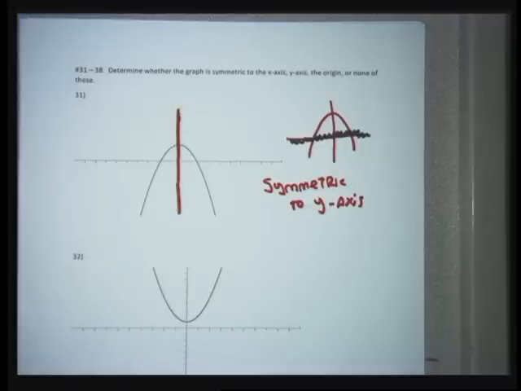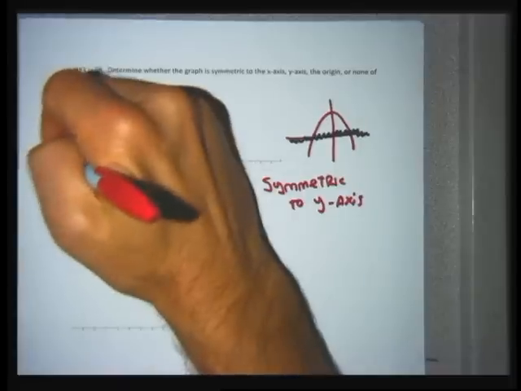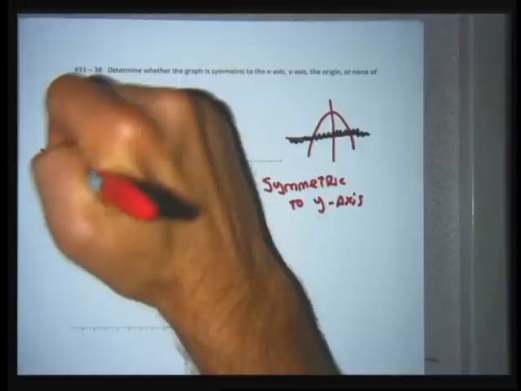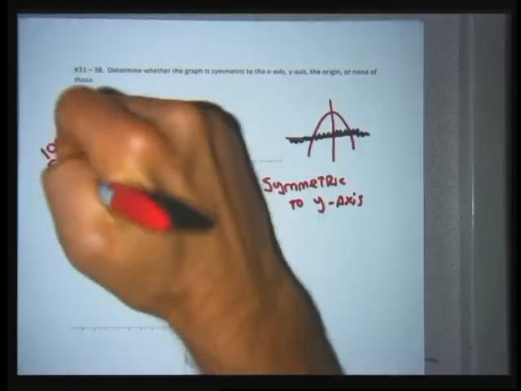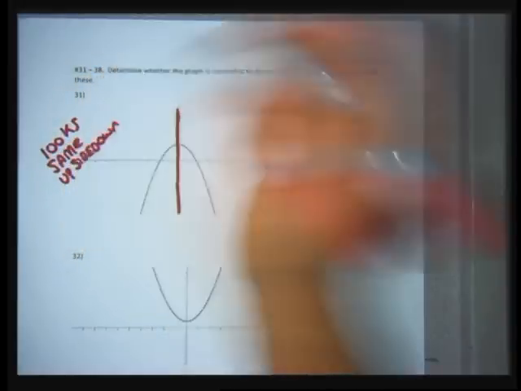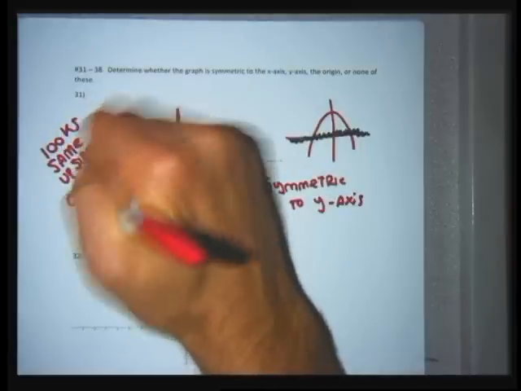So the way I usually check for symmetry to the origin is I turn it upside down. If it looks the same upside down as right side up, I think it has symmetry to the origin. That's the way I check for origin symmetry.